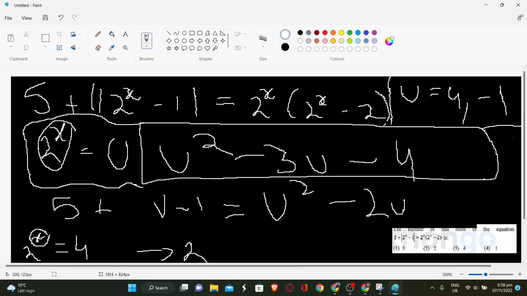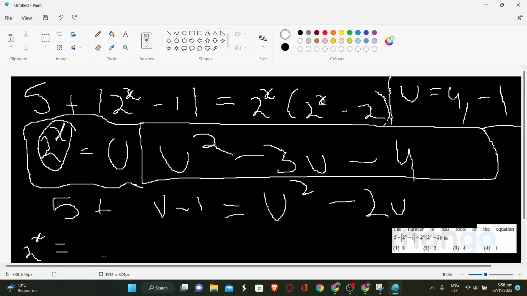We are saying that u minus 1 has to be positive, and it is positive, right? Because u is equal to 4, 4 minus 1 is 3, and therefore 3 is positive. We have that clear? Good.